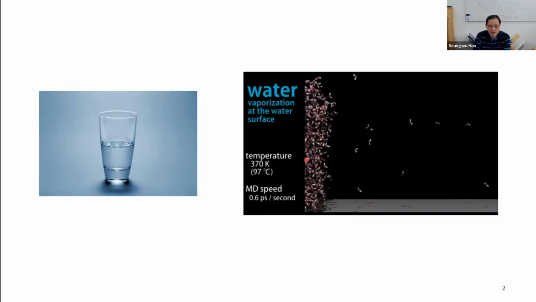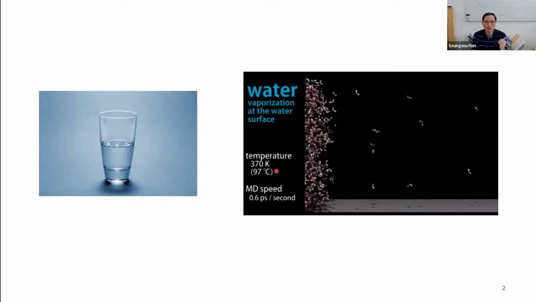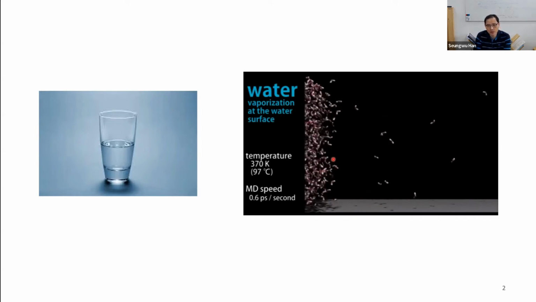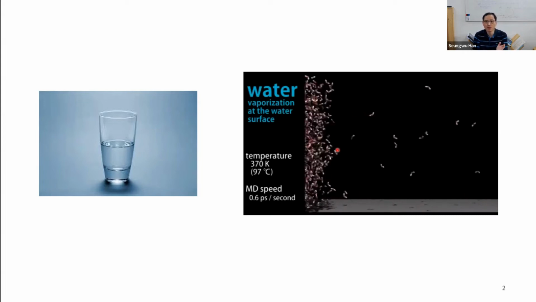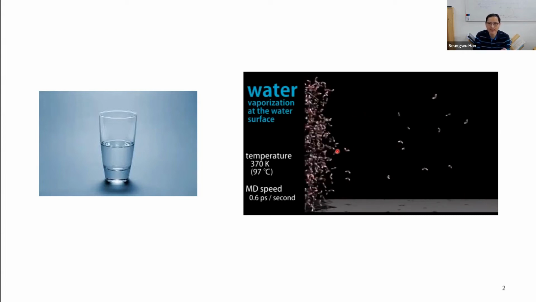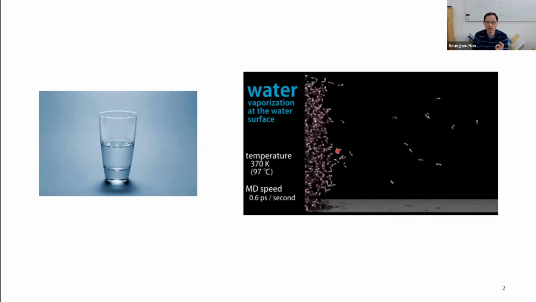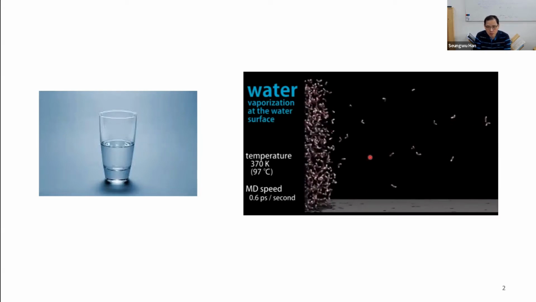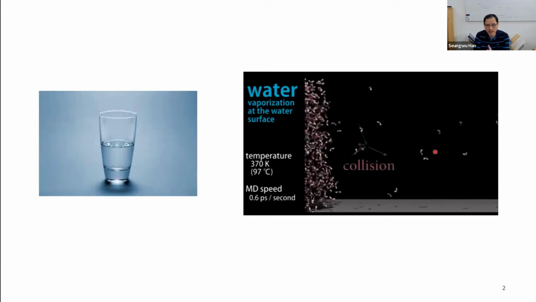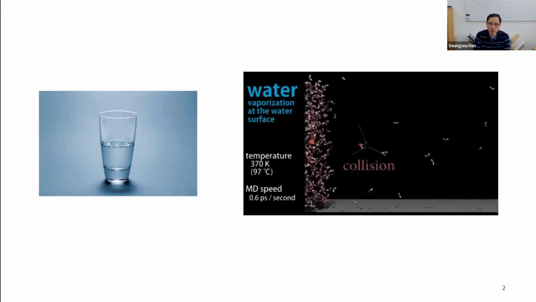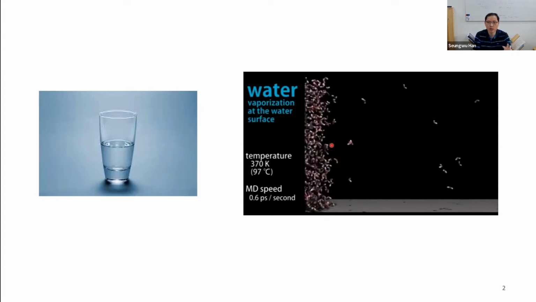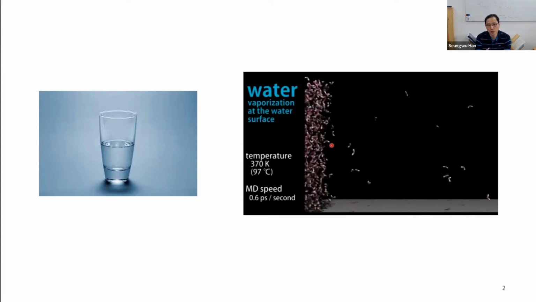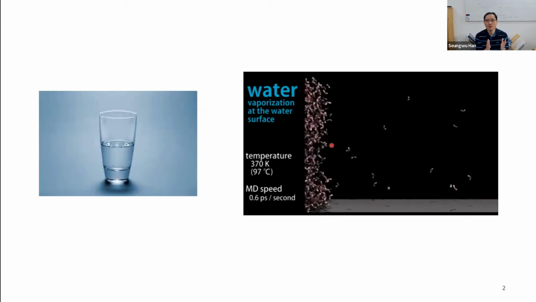And at the surface, actually, the temperature is very close to boiling temperature. And so atoms sometimes with high enough kinetic energy, they will depart from the surface. And this is the evaporation of the water molecule. And also some of the water molecules from the outside approach the surface and join the water. And so this is a very dynamic picture.